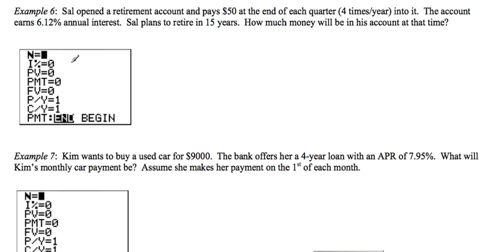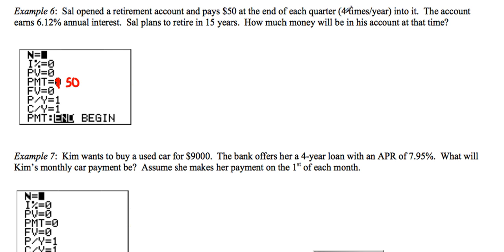So that means that the payment is not going to be 0, but it's going to be 50. So you're going to cursor down on your calculator, and make that payment 50.